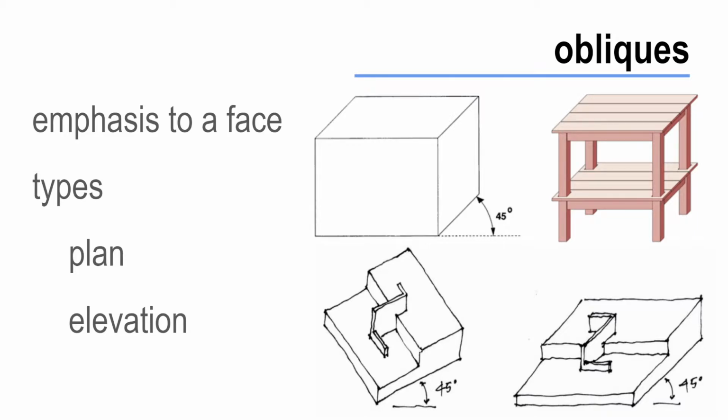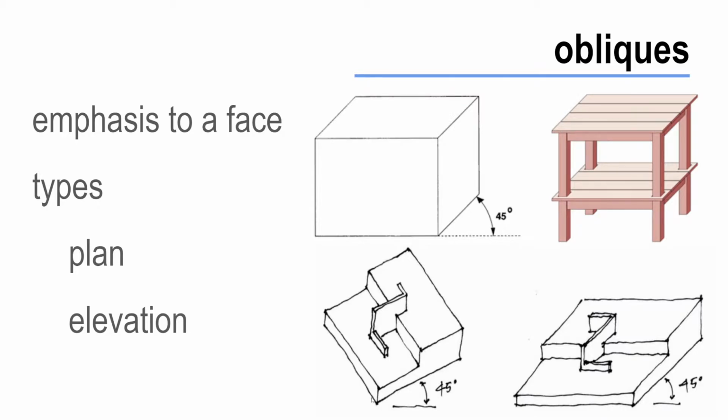On a plan style oblique, the top view has 90-degree angles. So we see here in the top, we're at 90 degrees, 90 degrees, 90, 90. But then our side view is projected at an angle, and so is our front view.